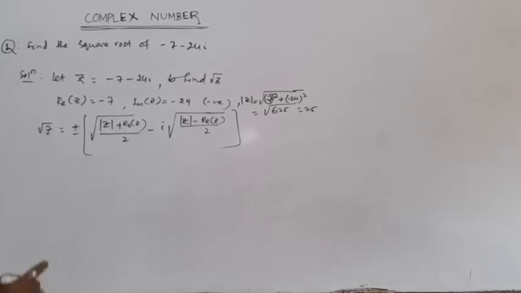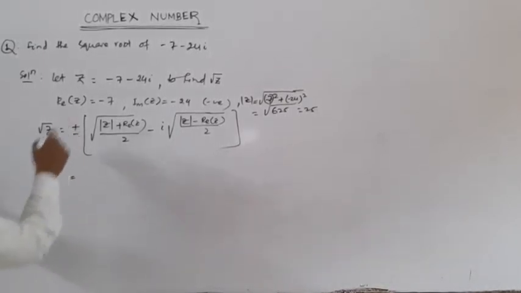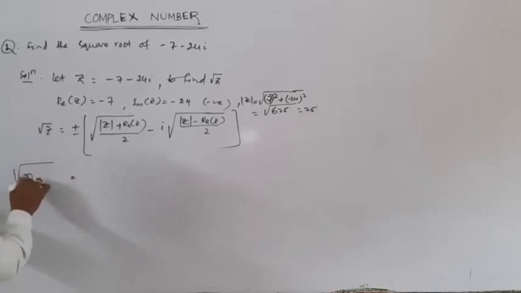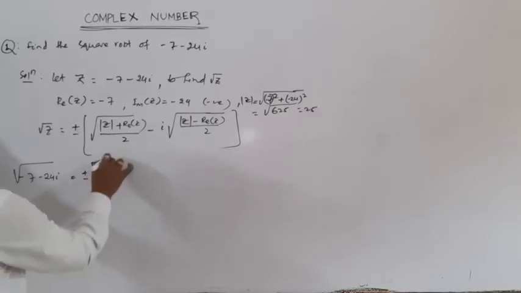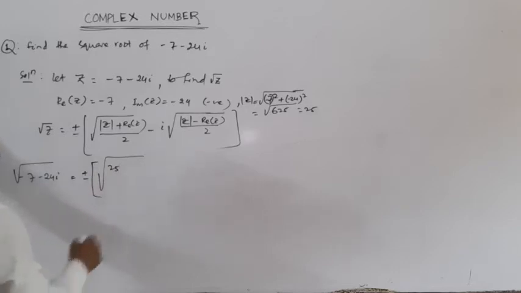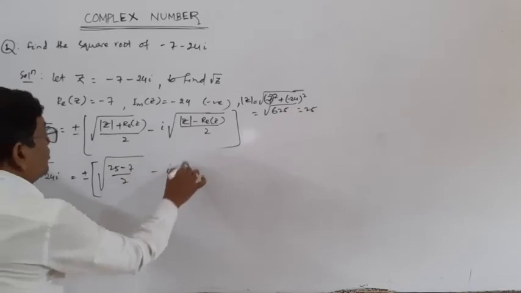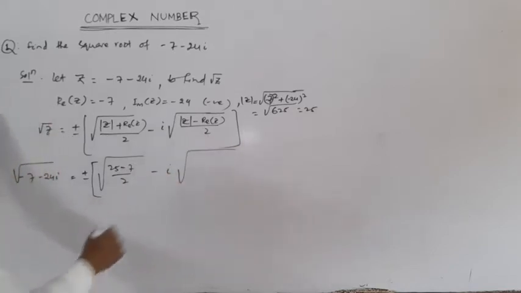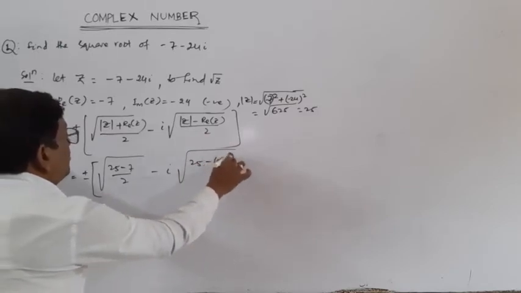By applying the formula, root of minus 7 minus 24i is equal to plus or minus square root of mod z, that is 25, plus real part of z, minus 7, by 2, minus i into square root of 25 minus of minus 7 by 2.